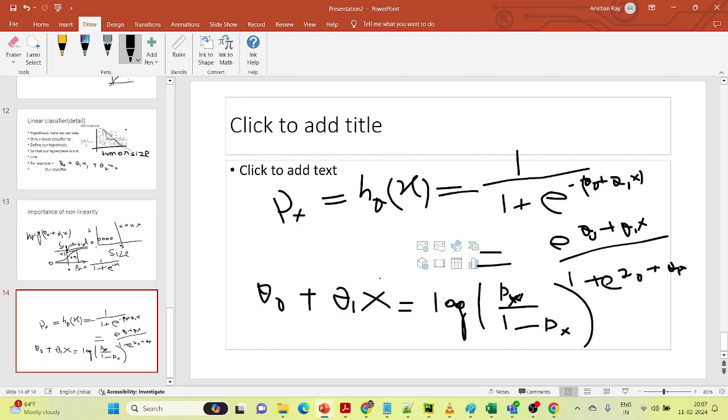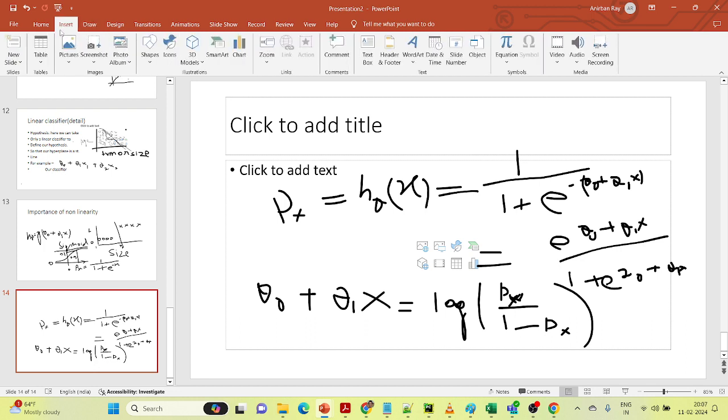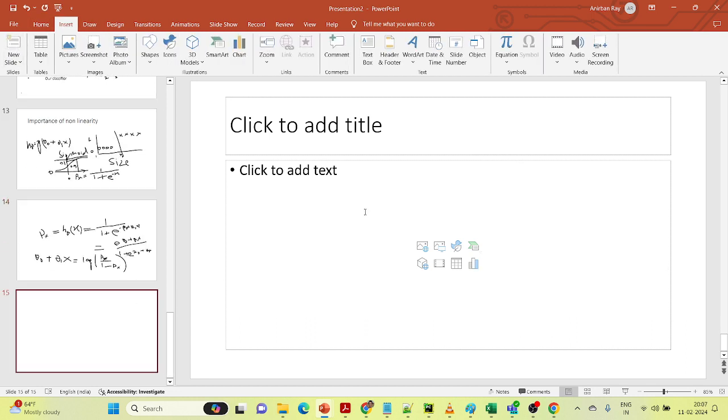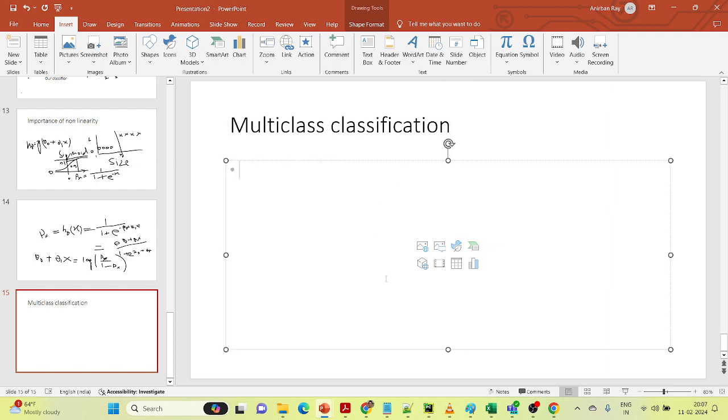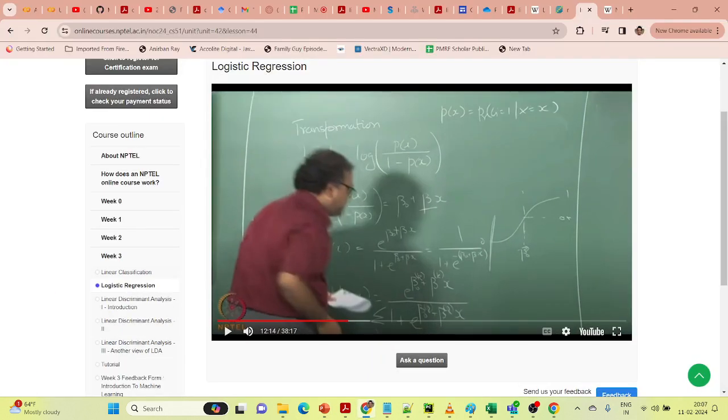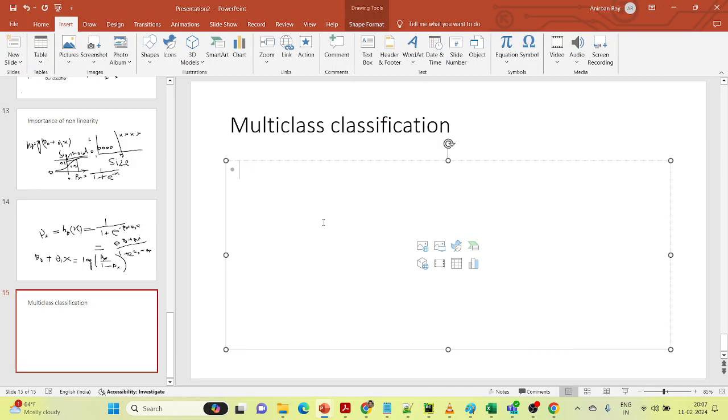In the case of multi-class classification, we'll get an expression more like this actually. Let me write it down. So that is it.